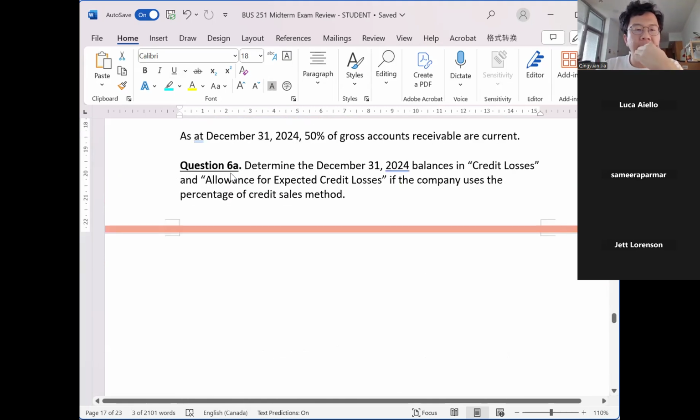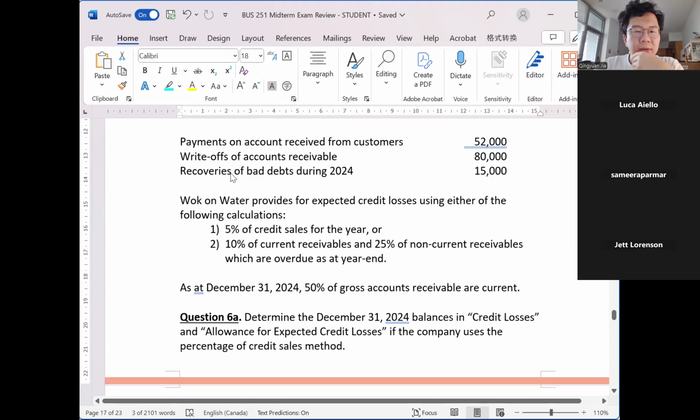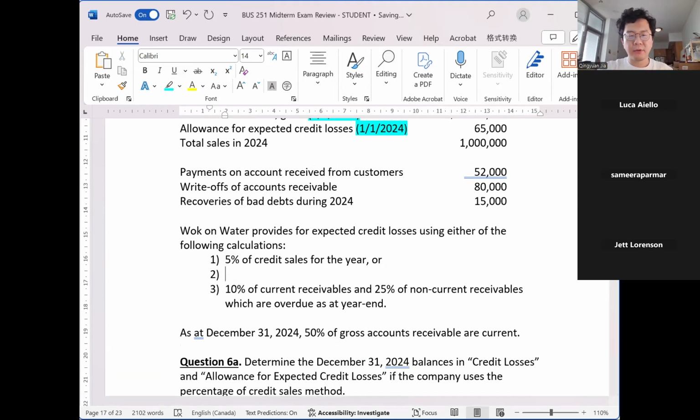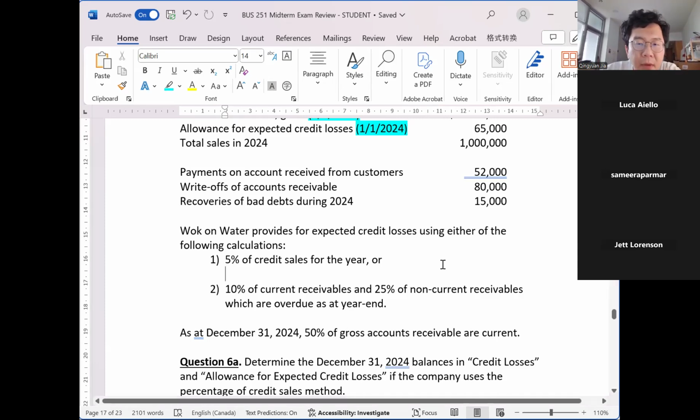So question A. Oh, sorry. Let's continue reading this. So Walk on Water provides for expected credit loss using either of the following calculations. So 5% of credit sales of the year.